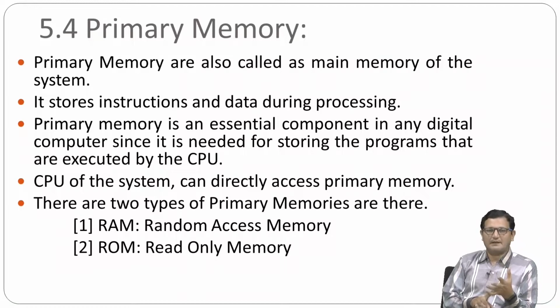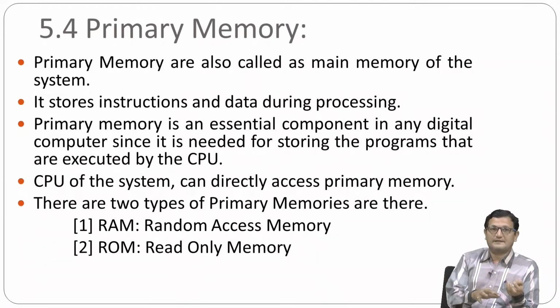Not only that, whenever we start or execute any program, that program gets transferred from the secondary memory to the primary memory. Suppose you have made your biodata, CV or resume, and obviously that gets stored in the secondary memory like a hard disk or SSD.